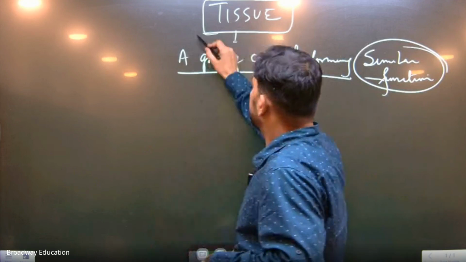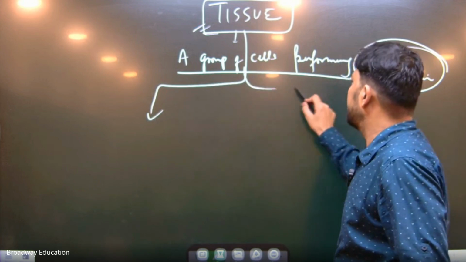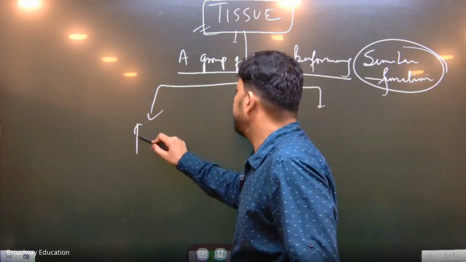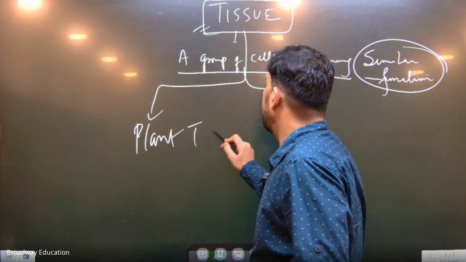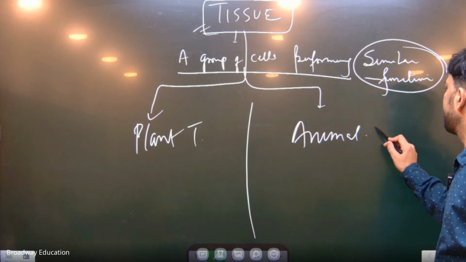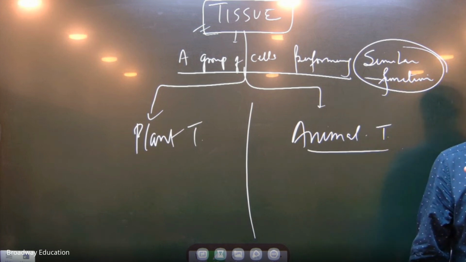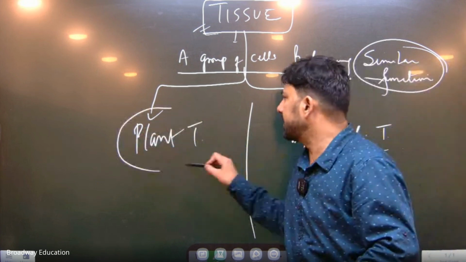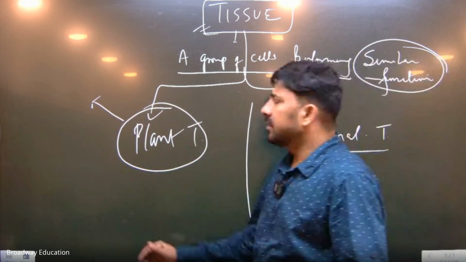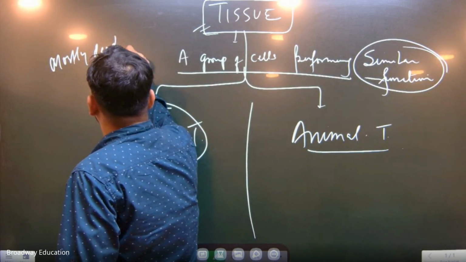Now these tissues can be broadly classified under two broad subheads. It can be plant tissues and it can be animal tissues. Now, if I talk about plant tissues, friends, specifically, in plant tissues mostly they are dead.